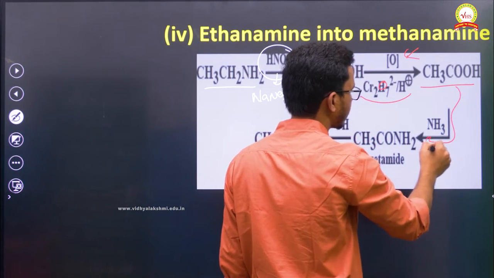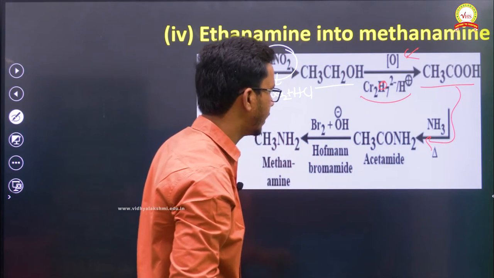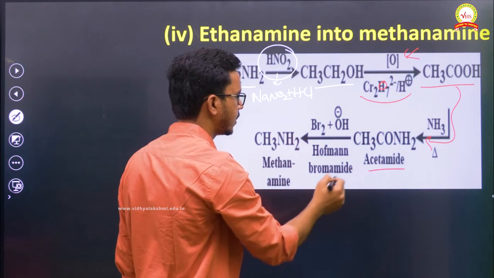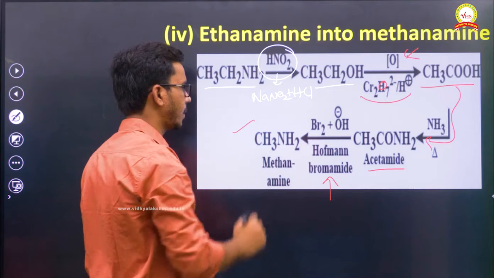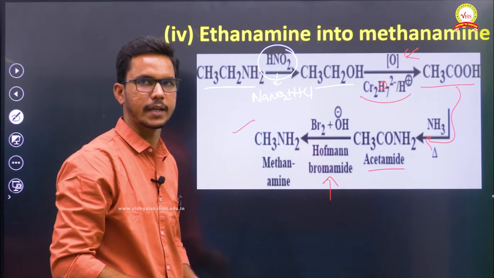This acid on reaction with ammonia on heating gives the respective amide. This on Hoffmann bromamide degradation reaction gives methanamine. What we have seen is right.